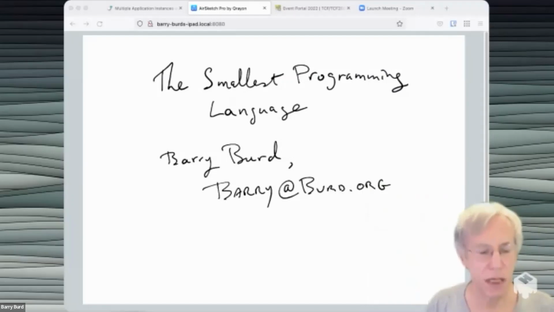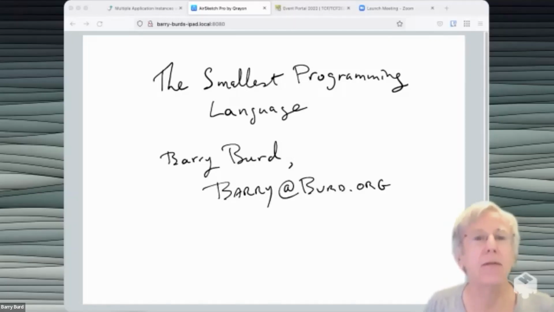Languages can be Turing complete. A Turing complete language is one that you normally call, I guess, a general purpose language.